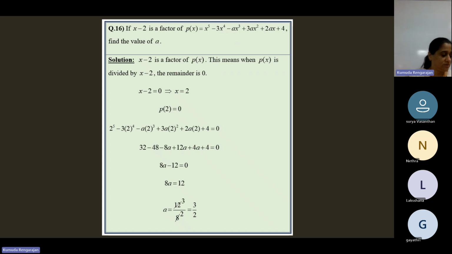You haven't completed. 1, 2, 3, 4. What about these? You start with 12A. That 4A and 4. See, there's 4A and 4. Okay. 3 by 2? Good. What about Nuved, Shreya and Yarni? 3 by 2?